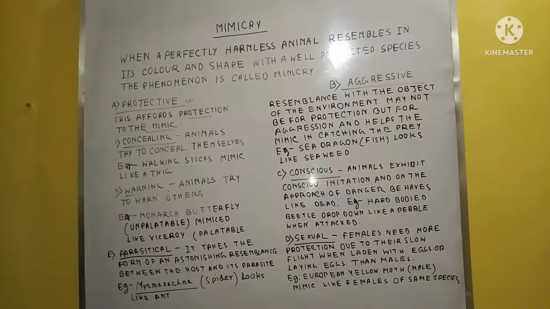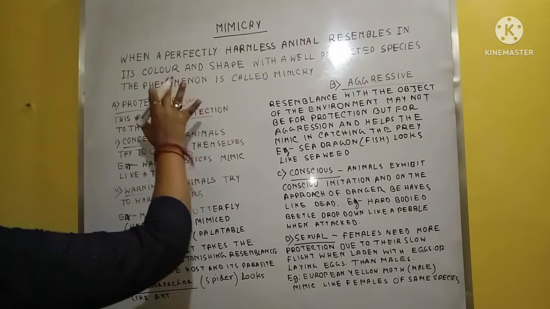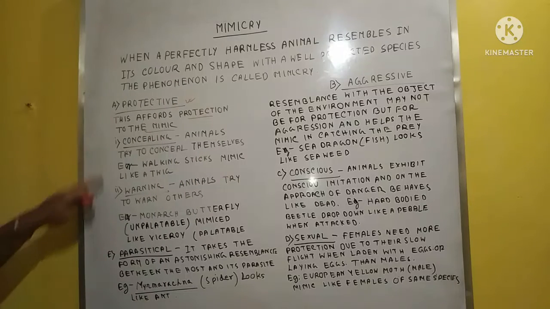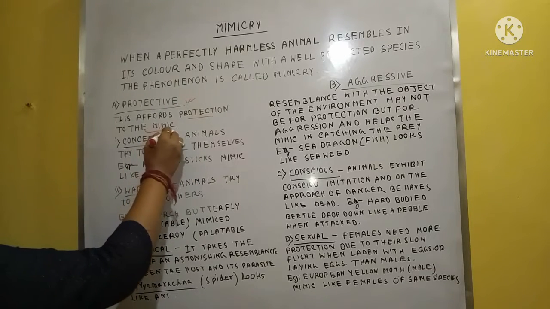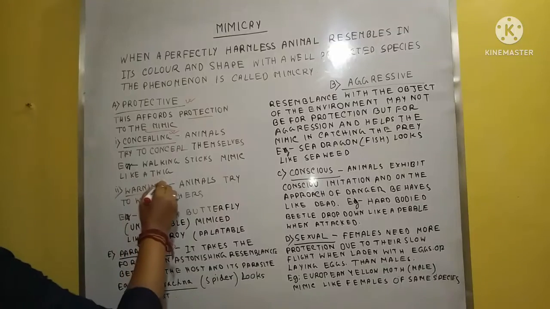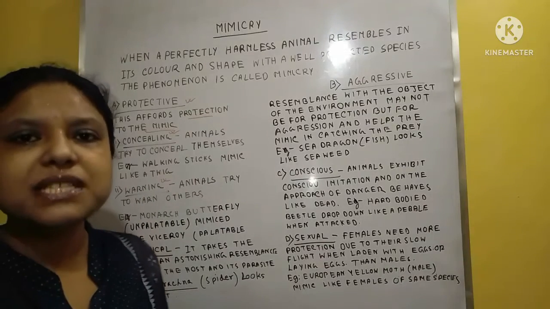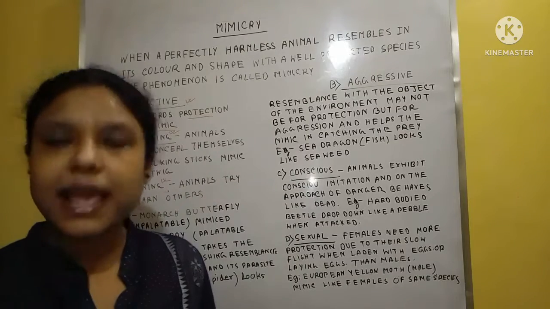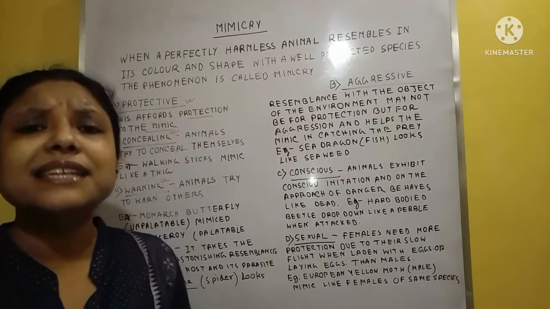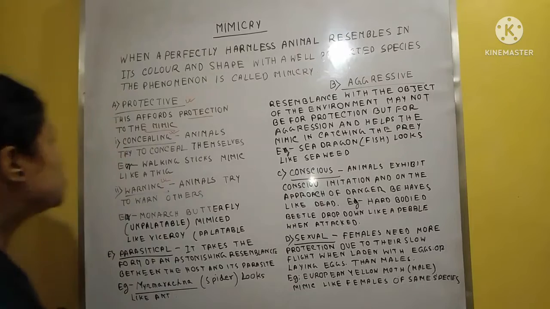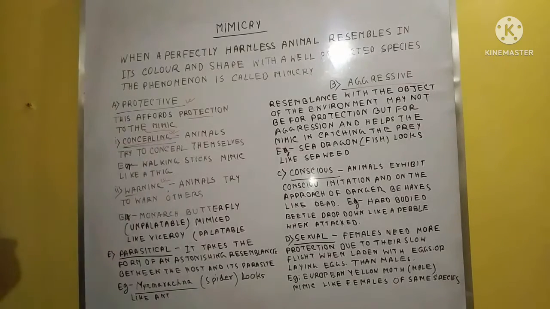Within this protective mimicry, there are two types. One is concealing and another is warning. Concealing means they hide. Animals try to hide from other animals that create any dangerous situation. Clear? So that is the concealing mimicry.